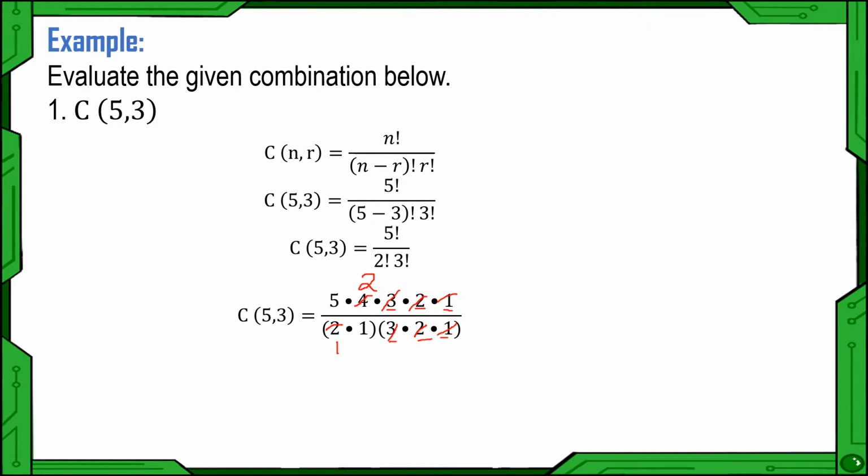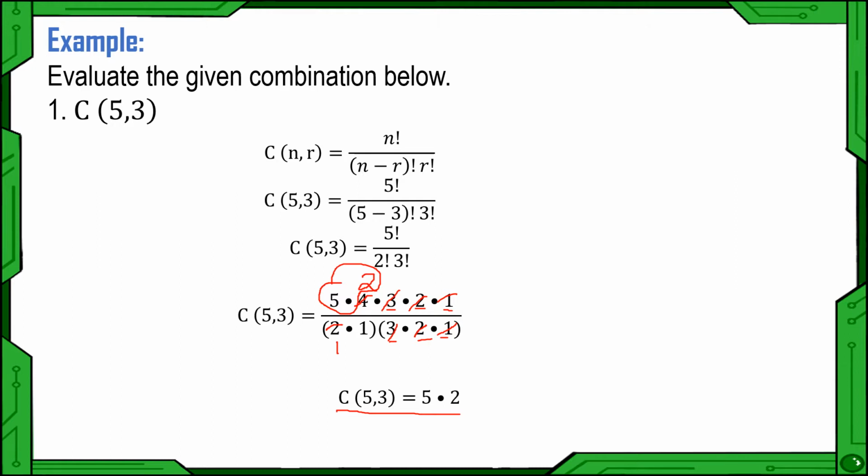You can also see from our example that from our numerator, we can now only have combination of 5 and 3 is equal to 5 times 2, because 3, 2, 1 is already cancelled and the only number in the denominator is 1.